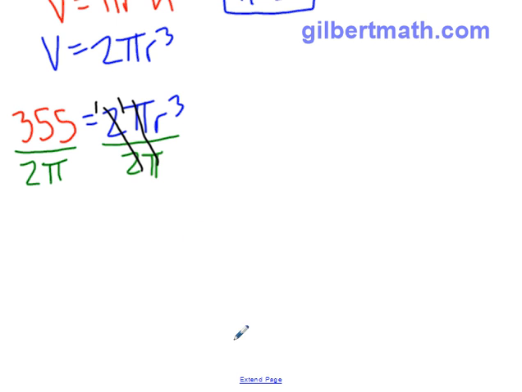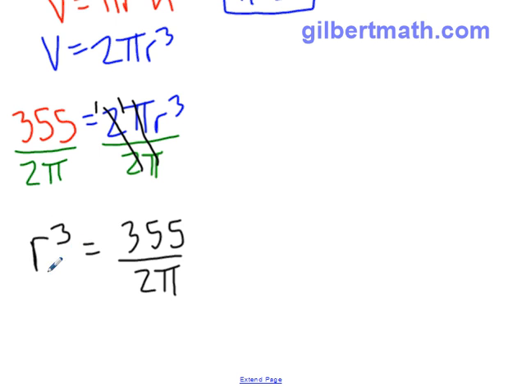So now I have 1 times r cubed, well, that's just r cubed, is equal to 355 divided by 2 times pi. But I need to find r. So I've got to get that little 3 off of there, and I don't divide by 3. I take the cube root. So if I take the cube root of that, I'm going to pause the video and perform this calculation on the side, and then I'll be right back.